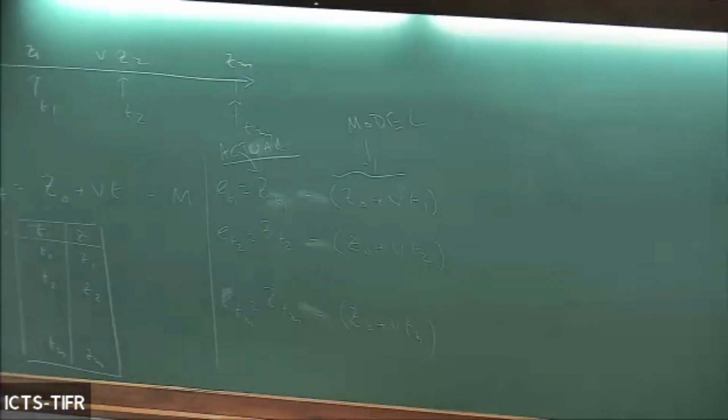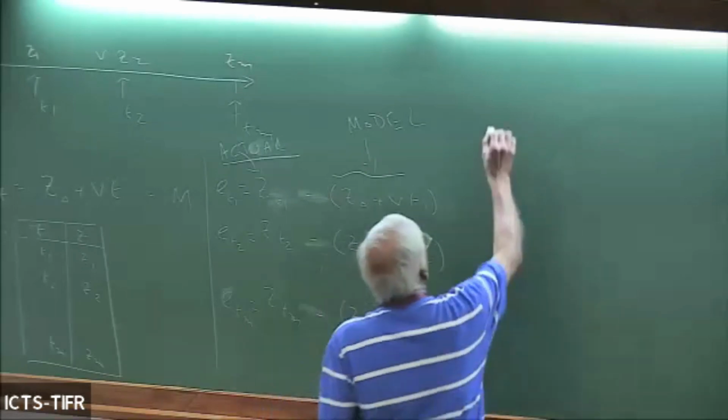So let's talk about this. What is this? This is the error. Using the model, I can predict. I have the actual observation. The difference between the actual observation and the model prediction is the error in prediction. My job is to be able to control this error. This error can be positive or negative, but the square of the error is always positive. So I'm going to construct a cost function.